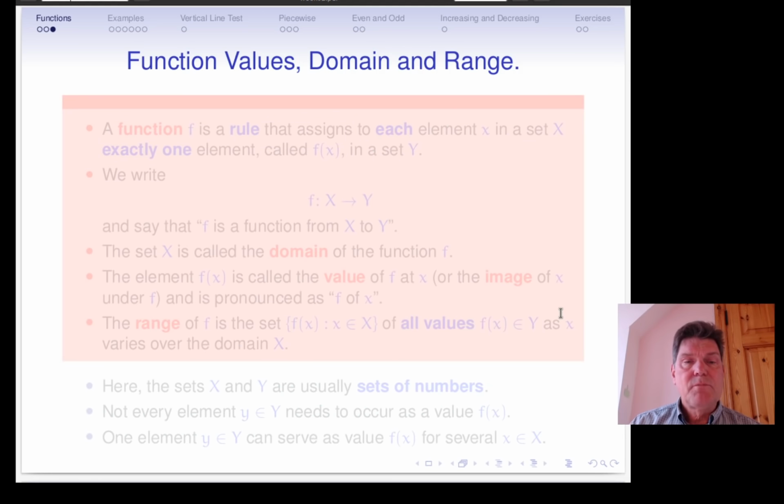Let's be a bit more precise and introduce some notation and language around functions and how they are used in this course, in the calculus.